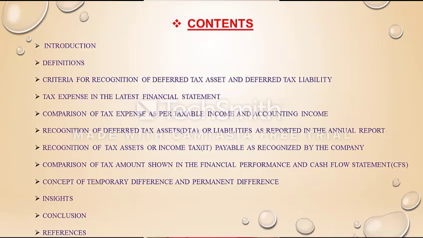Next, this assignment contains, if you consider the main things, the definitions of a few different terms, criteria for recognition of deferred tax asset and deferred tax liability, tax expense in the latest financial statement, comparison of tax expense as per taxable income and accounting income, recognition of deferred tax assets, that's the DTA, or liabilities as reported in the annual report, recognition of tax asset or income tax, that's the IT we say normally, payable as recognized by the company, comparison of tax amount shown in the financial performance and cash flow statements, that's the CFS, and the concept of temporary difference and permanent difference, and what happens inside the company.